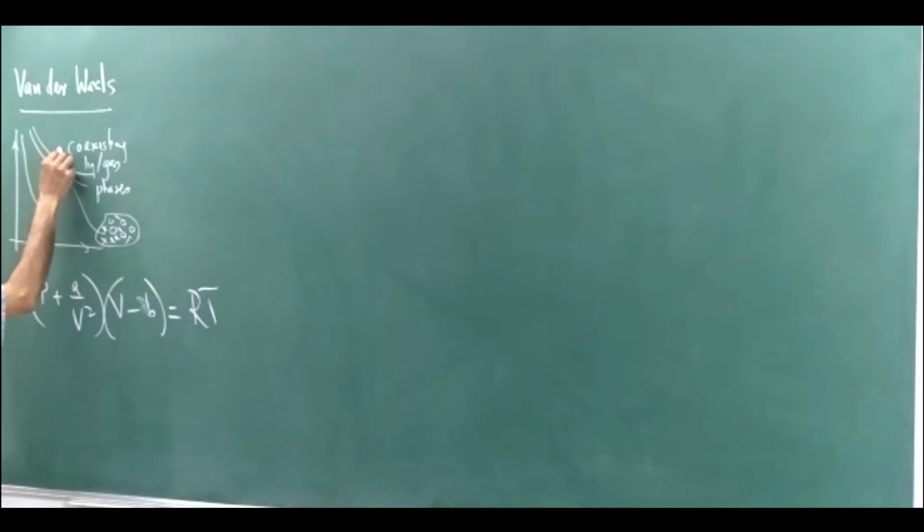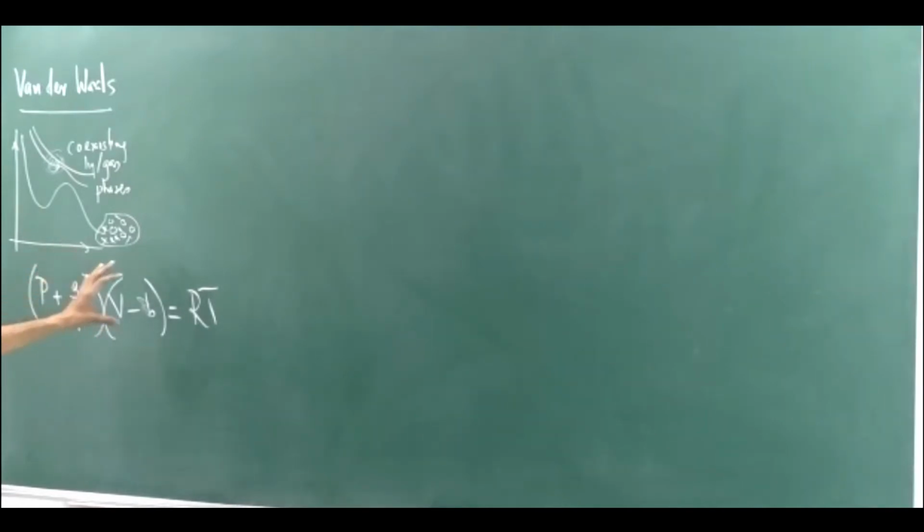But when you are in this region over here, then it is not a one-phase region, which means that there is fluctuation. And if you are going to talk about fluctuation, you see that the equation itself doesn't have any fluctuations.